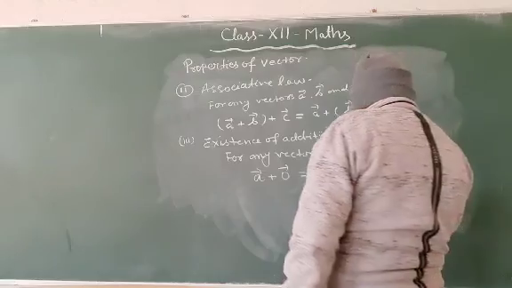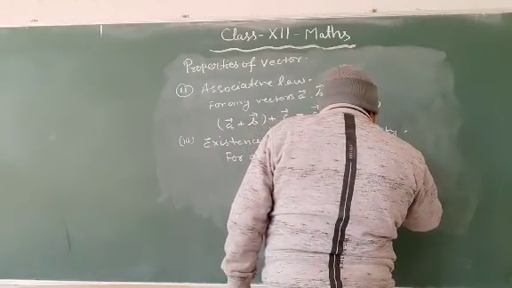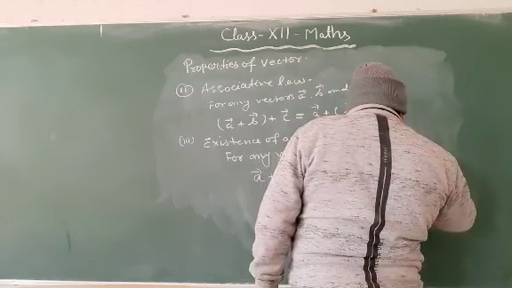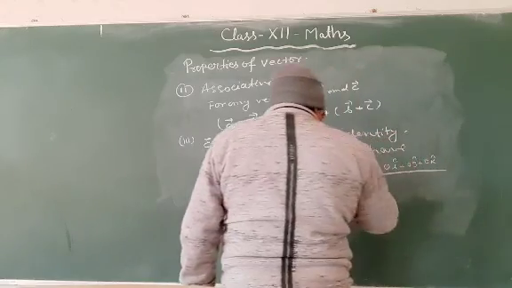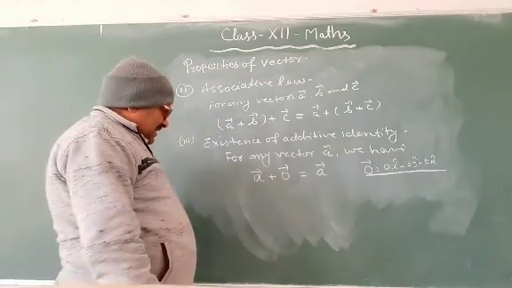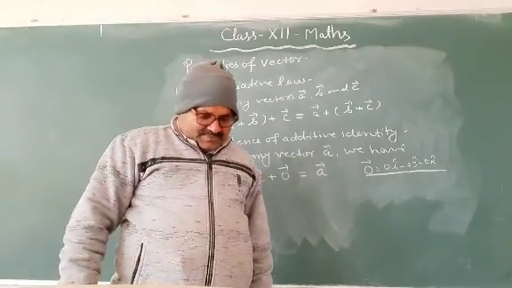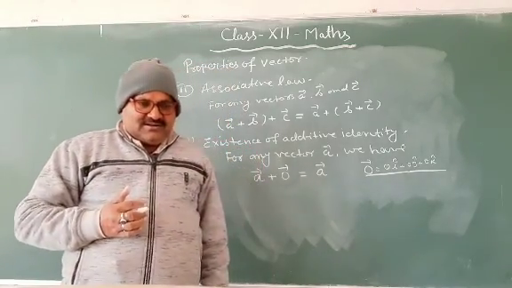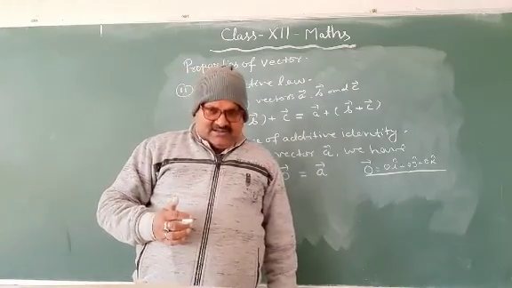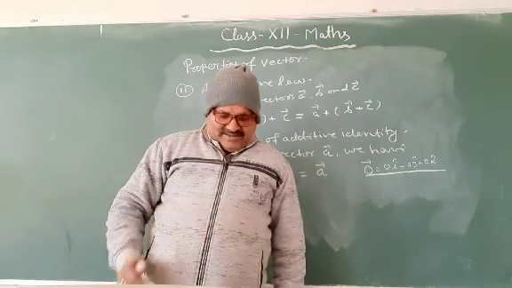The zero vector can be written as 0i cap, 0j cap plus 0k cap. This is the zero vector. And vector A plus zero vector is equal to vector A. Such property is known as the existence of additive identity.